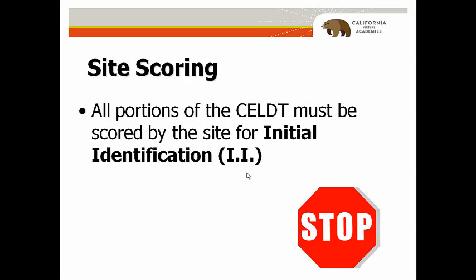And of course, if they've been ours, we already identified them and they're just doing an annual. But all initial identification scoring needs to be done on site so that you can then tell Anasia or me how the student did and give an overall score so that we can get the services started right away.